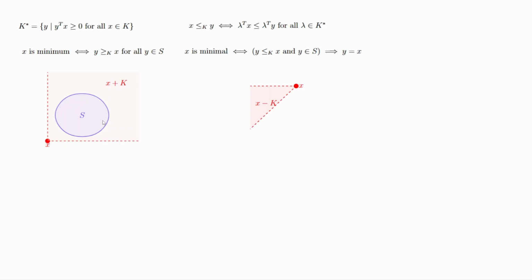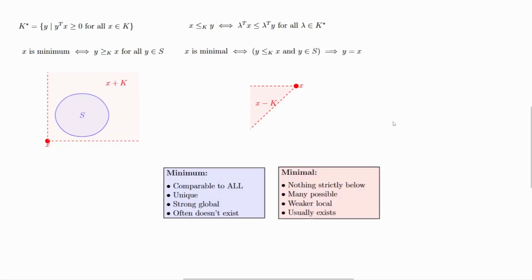And remember that we showed that circles don't actually have minimum elements, but they do have an infinite number of minimal elements. So just in summary, the minimum element of a set is comparable to all elements. It's unique and it's a strong condition. The minimal element is just comparable to everything.